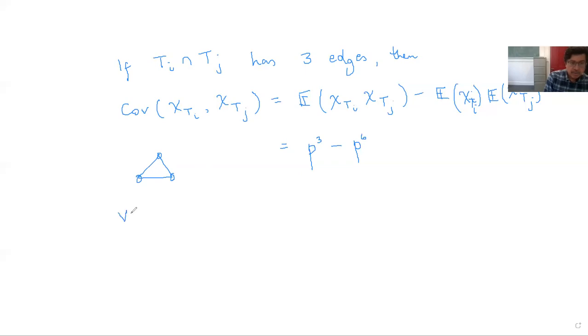Okay, so now the variance of the number of triangles is the sum over all pairs of triangles, but let's now split up the sum. It's a double sum, but I'll just use one sigma sign here to indicate that double sum.